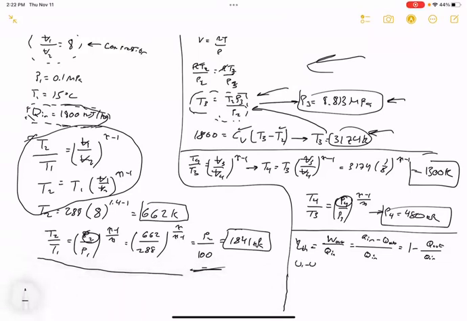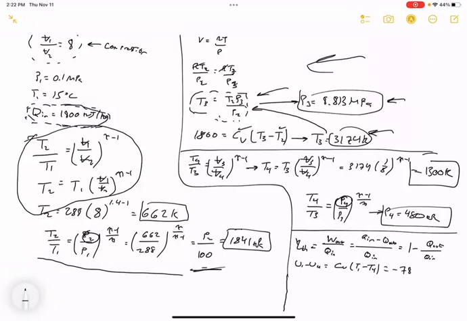So U1 minus U4, which is the change in internal energy across the heat rejection process, so the condenser we call it, equals CV times T1 minus T4. We know T1, we know T4 because we've just solved for the entire system's state at every location. So if we find CV times T1 minus T4, what we'll find is a negative number, which we expect because we're rejecting heat, we're losing heat.